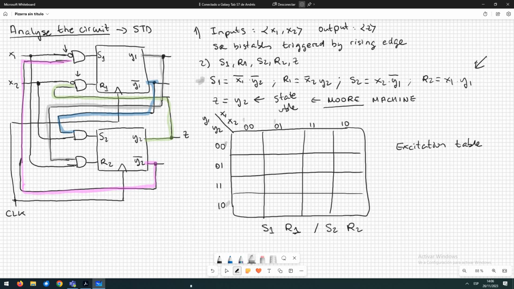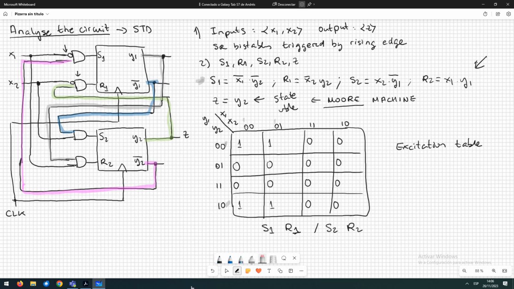So we are going to have ones in these values, and the rest are going to be 0. So this is the excitation table of S1.